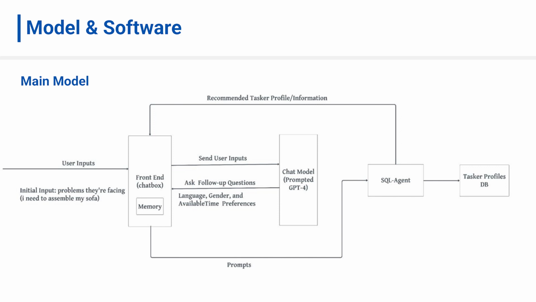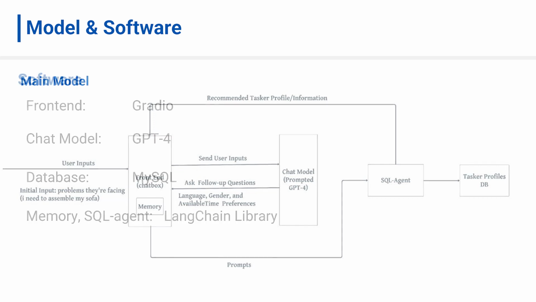Once the front end gets all the information it wants, it will generate a prompt and send it to the SQL agent. The SQL agent will help to select the recommended profiles and send them back to the front end.